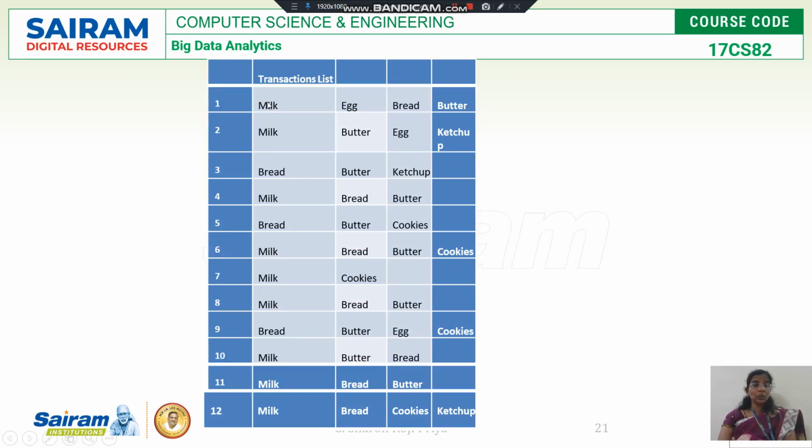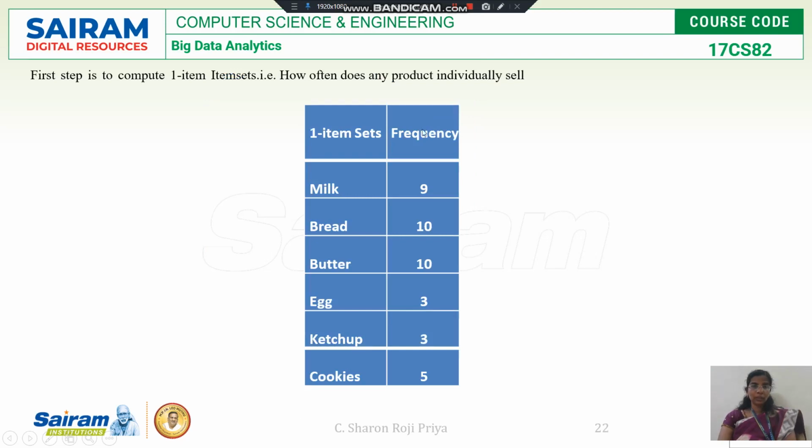Milk individually, how many times did it get sold? You have to calculate and write: milk 1, 2, 3, 4, 5, 6, 7, 8, 9. 9. Similarly, you have to write for the other items also.